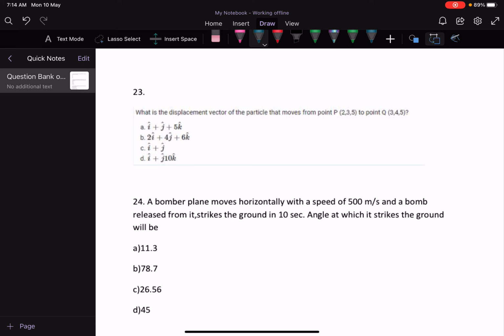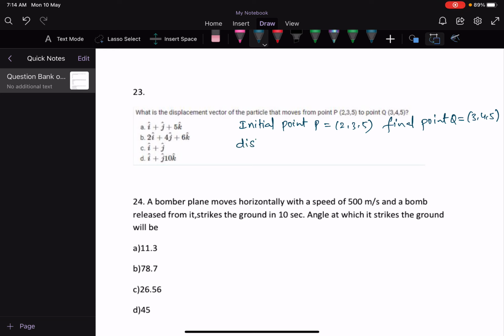Next, what is the displacement vector of the particle that moves from point P to point Q? The initial point is P, and the final point Q is (3, 4, 5).